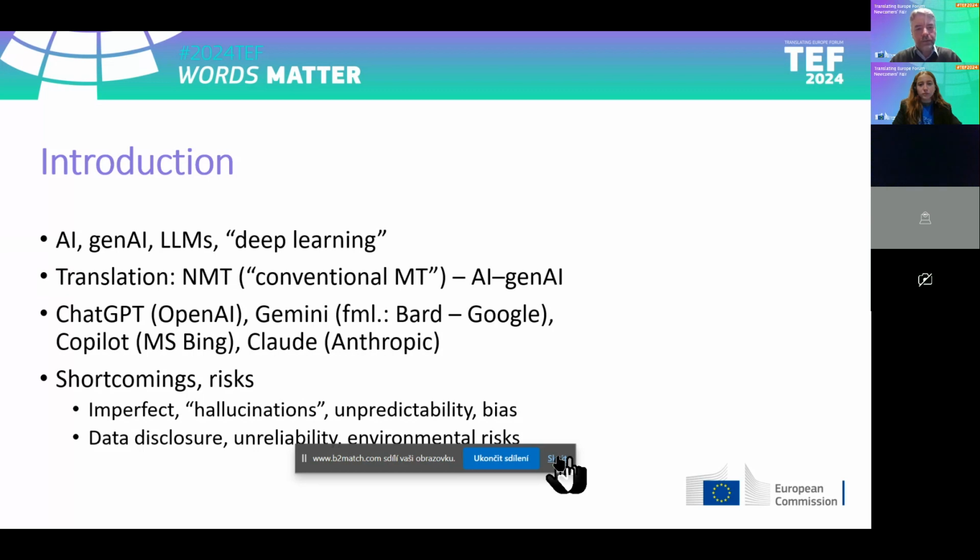So generative AI, such as ChatGPT, differs from that in that it's trained for many more purposes. So there's various engines, various systems out there, such as ChatGPT, Gemini, Copilot, or Claude. It's a good idea always to experiment with the tools and see what works best for you.